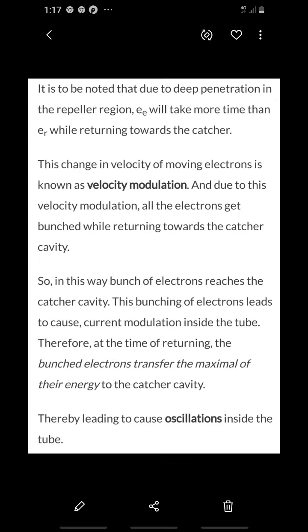This change in velocity of moving electrons is known as velocity modulation, and due to this velocity modulation all the electrons get bunched while returning towards the catcher cavity.